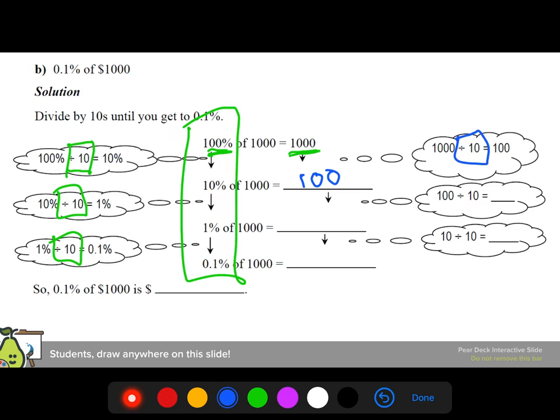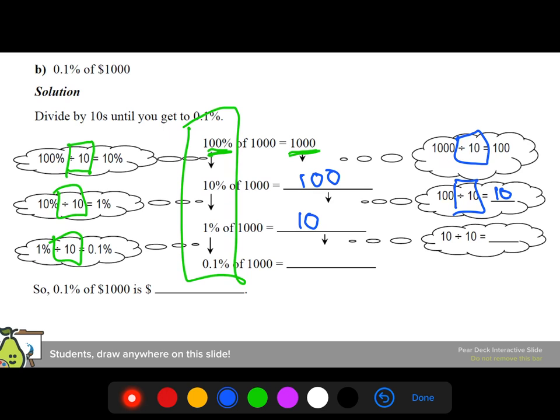So that's dividing by 10 once. Now we can go down again and say, okay, well, what's 100 divided by 10? Well, 100 divided by 10 is 10. So that means the next step down here is 10. So 1% of $1,000 is equal to 10.